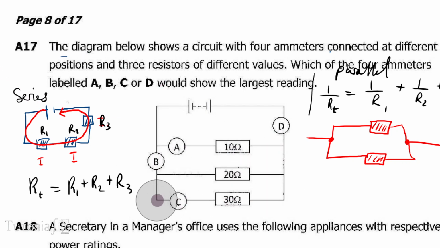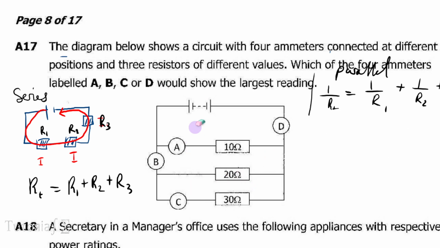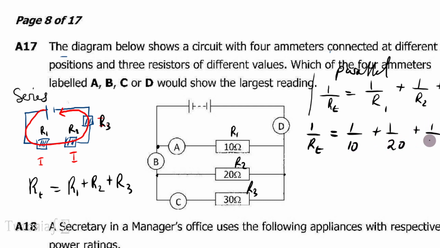So let's look at this question and calculate the resistance here. Here we can observe that these resistors have junctions between them, so they are in parallel with each other. Let's say this is resistor 1, this is resistor 2, and that is resistor 3. Using the formula, 1 over R total equals 1 over resistor 1, which is 10, plus 1 over resistor 2, which is 20, plus 1 over resistor 3, which is 30.